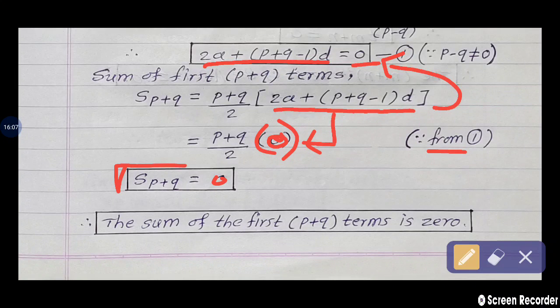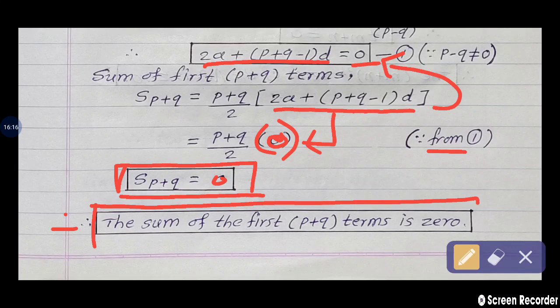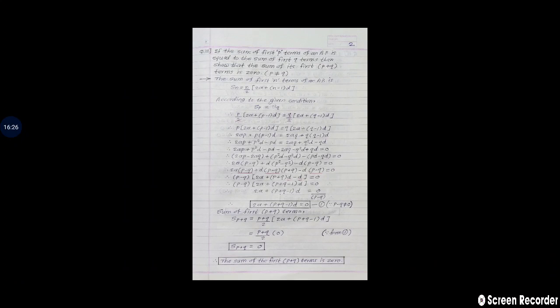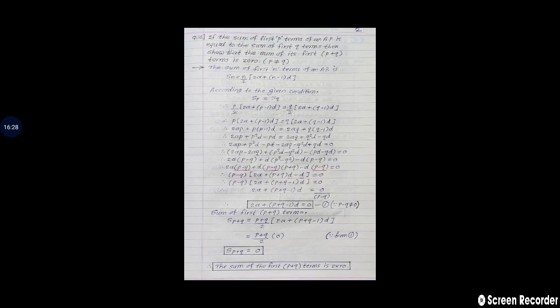And we get our show that. So the sum of p plus q terms is equal to 0. And finally, we write the answer again, the statement from the question. Therefore, the sum of the first p plus q terms is 0. So after practicing the question, you get the answer. You are able to write the answers of these show that questions. Next.